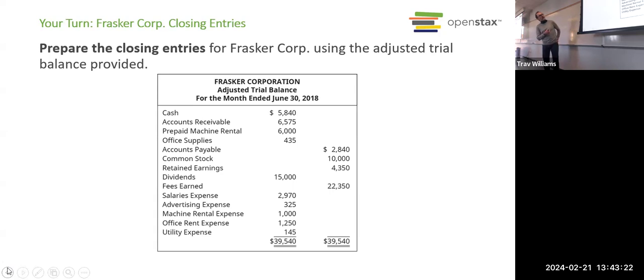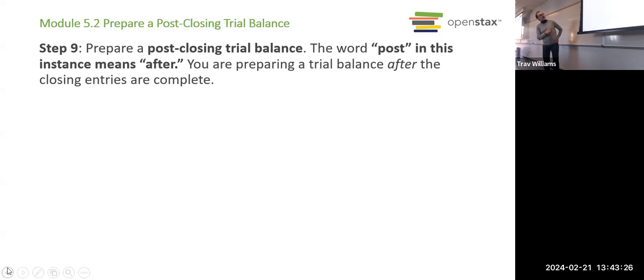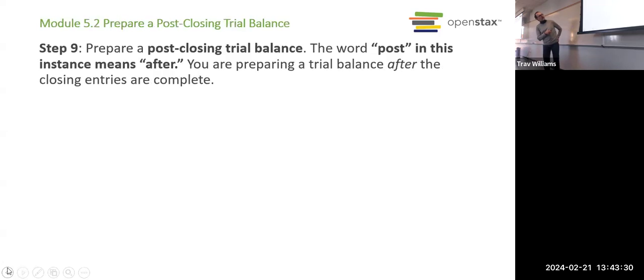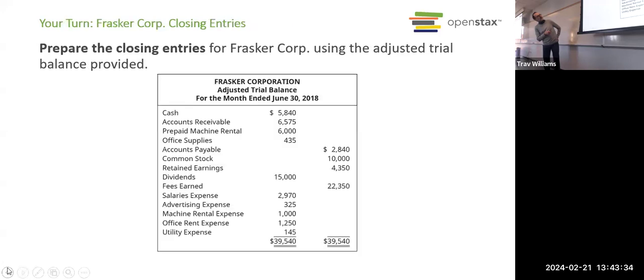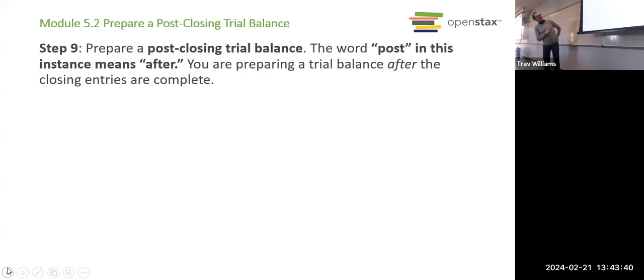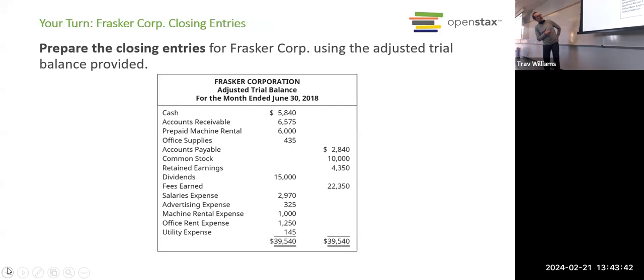Okay, it says to prepare closing entries for this company here. Is that it? They just want us to do that. Let's see. Closing entries. Yeah, I guess they just want us to do that. That's a different company. Okay, so let's just walk through this in our minds here.